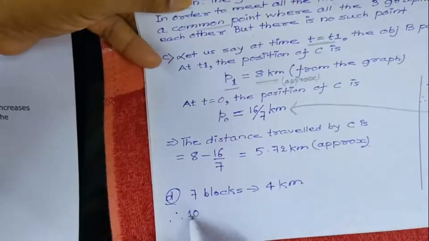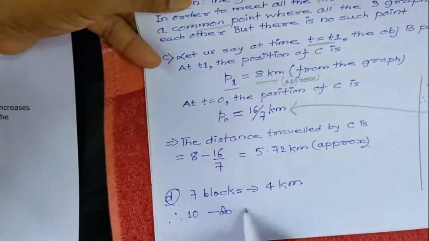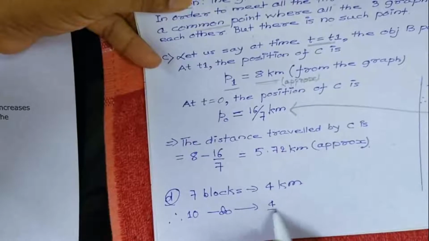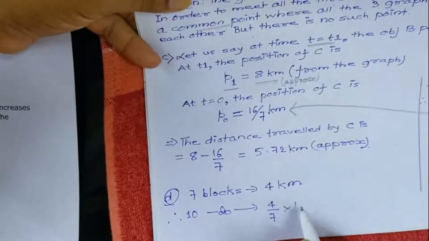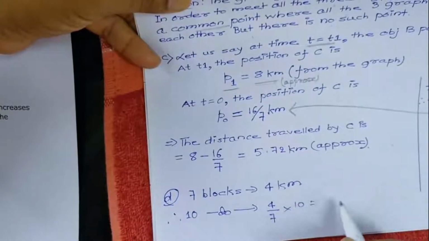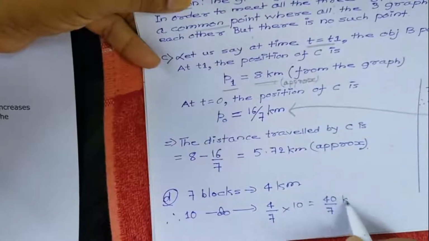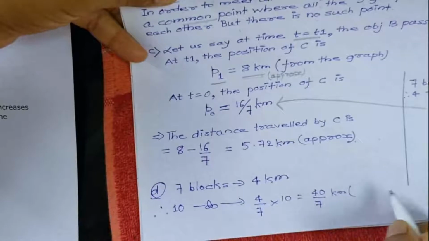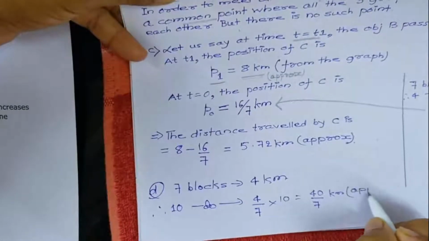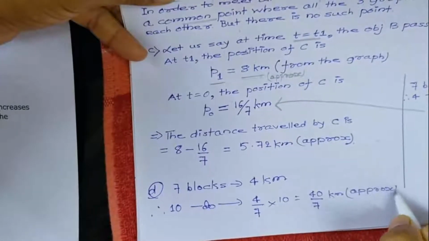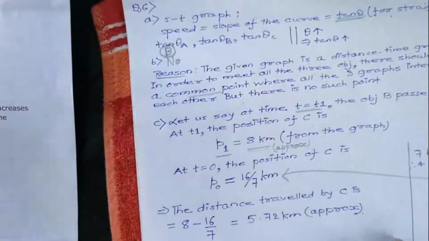So how much is 10 blocks? 10 blocks is 4 by 7 into 10. So the answer will be 40 by 7 kilometer. There is no harm in putting the word approx because we have read the graph.